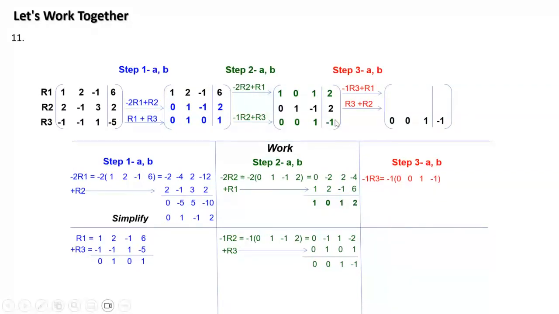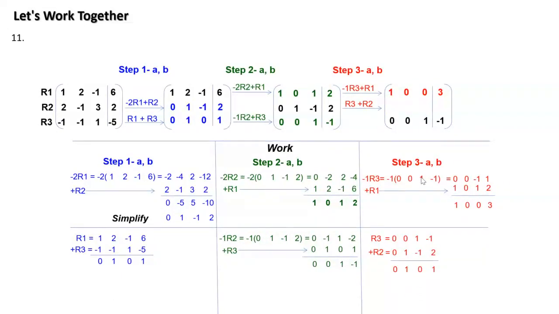Negative 1 times row 3 will give us 0, 0, negative 1, 1. Add it to row 1, 1, 0, 1, 2. So after we do the operation, we get 1, 0, 0, 3. That's equation number 1. Row 3 plus row 2 will give us 0, 1, 0, 1.